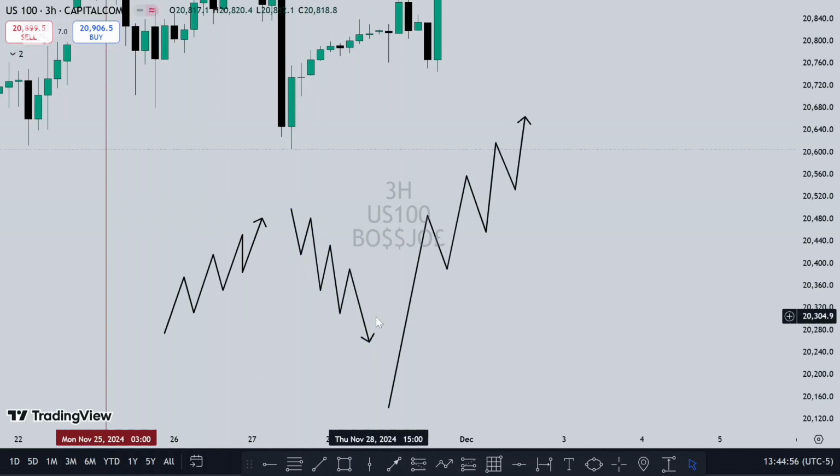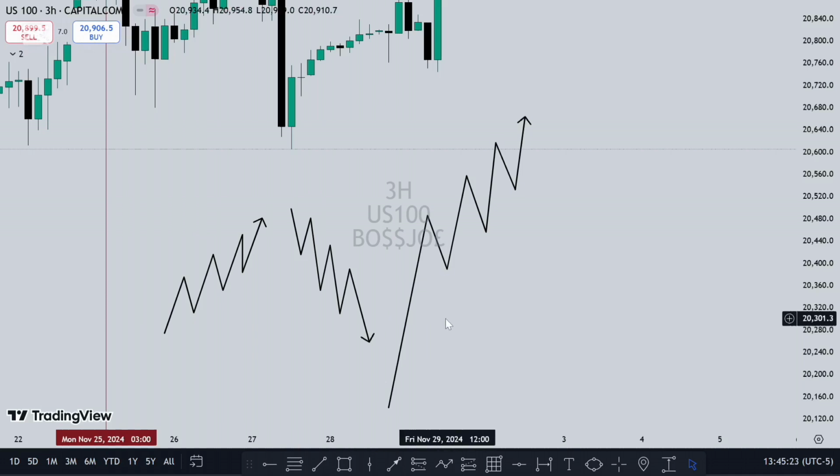Fair value gap is simply identified by a triple candlestick pattern. It occurs when a large price movement creates a gap between the high of one candle and the low of the following candle, which do not overlap each other.